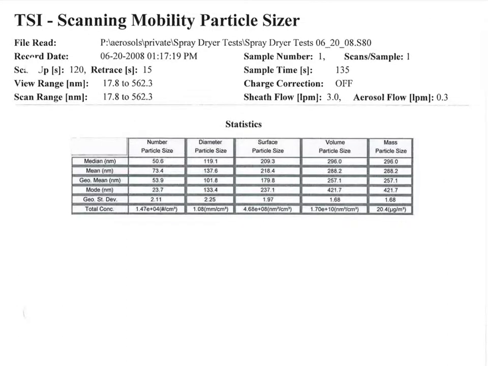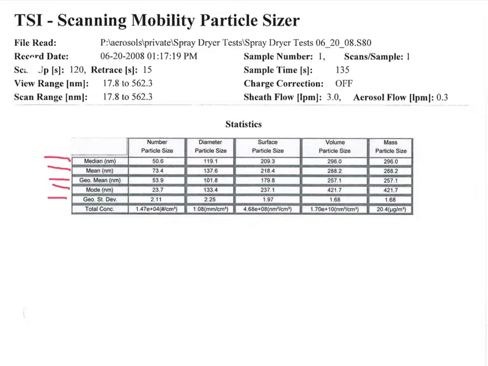This chart is the statistics, the statistical analysis of that same set of data. And here we see a bunch of different things. We see different measures of centrality, which you read about in the text, including median, mean, geometric mean, mode, and geometric standard deviation.